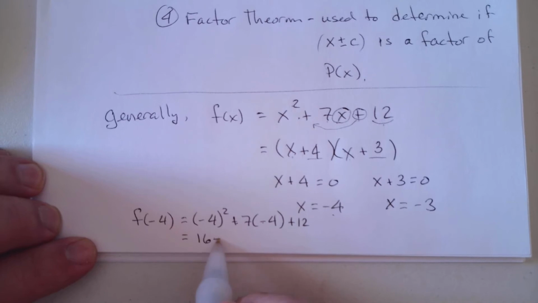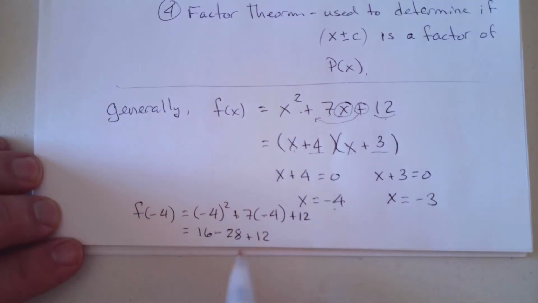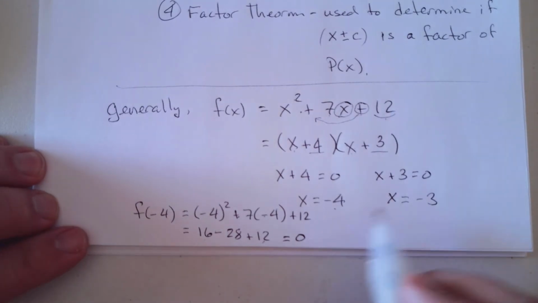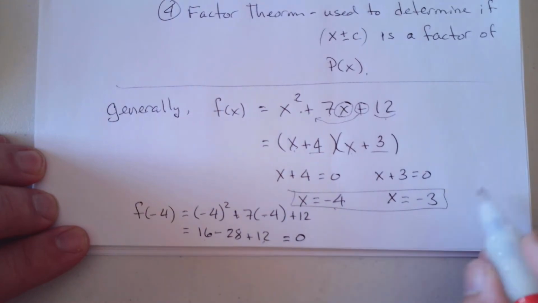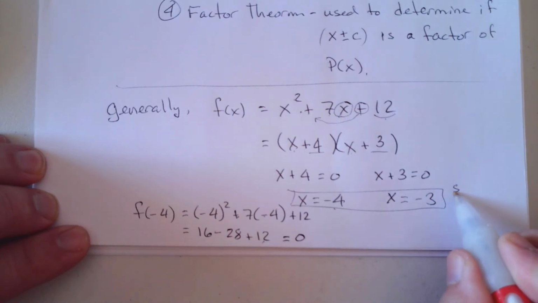Positive times negative is negative. 7 times 4 is 28. 16 plus 12 is 28. 28 minus 28 equals 0. That's why we say these are our solutions.